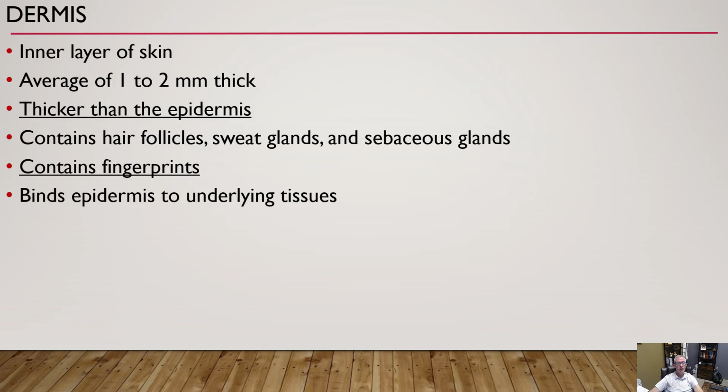All right, so the dermis. We talked about the epidermis. Now we go to the dermis. Remember epidermis, dermis. The dermis is going to be much thicker than the epidermis. This is where we'll see our hair follicles, sweat glands, sebaceous glands, muscles, blood vessels, nerves, stuff like that.